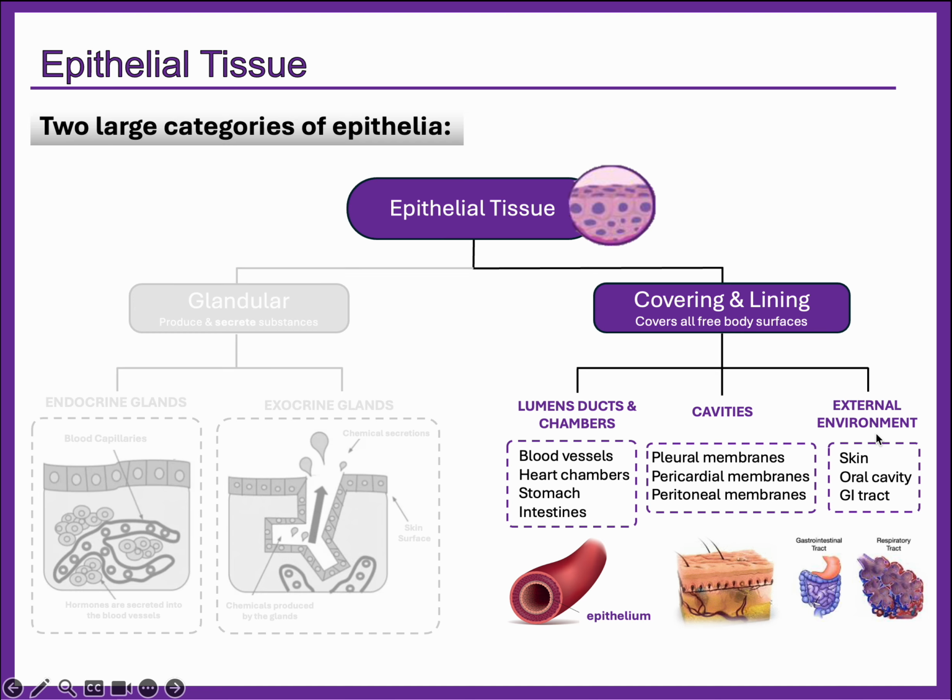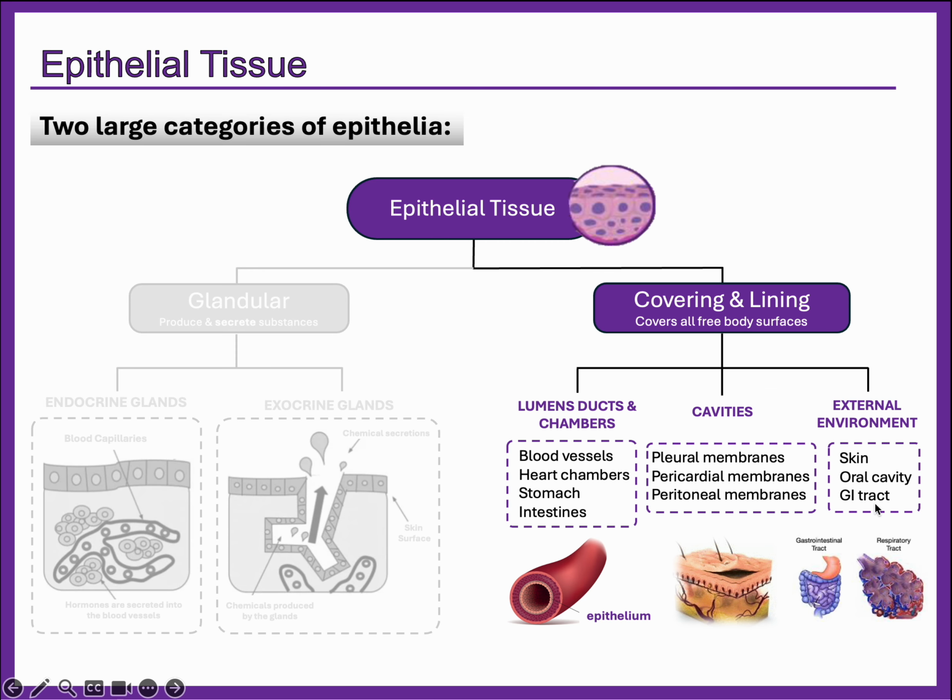And then covering and lining epithelium is sometimes found in the external environment. I told you that all of skin is our epithelia. This one's a bit weird. The oral cavity, oral cavity makes sense, right? Like our mouth. But the GI tract, and actually the respiratory tract too, why is that the external environment?